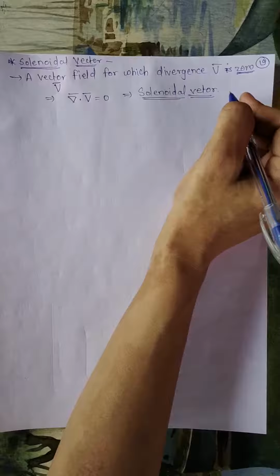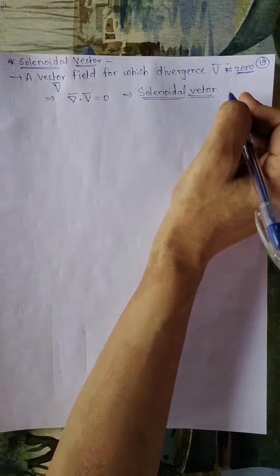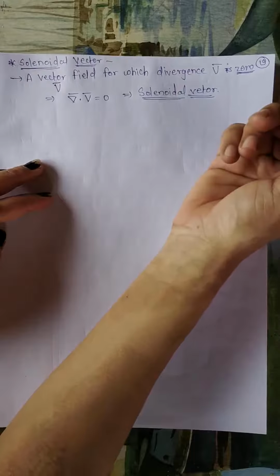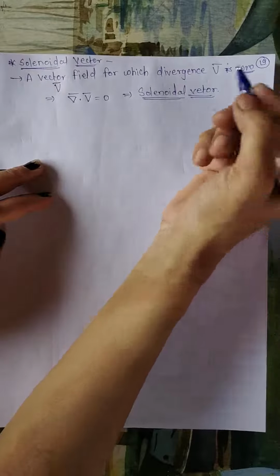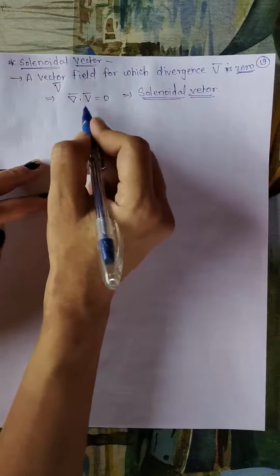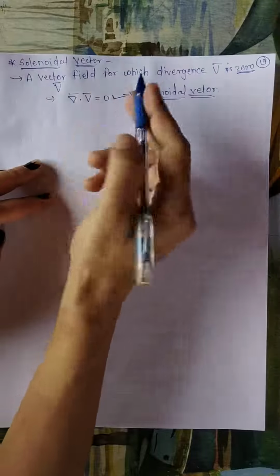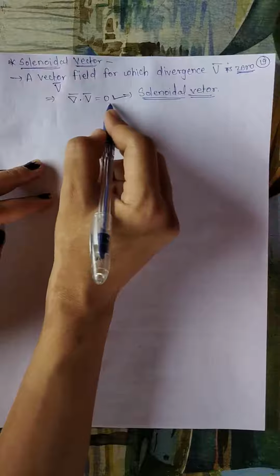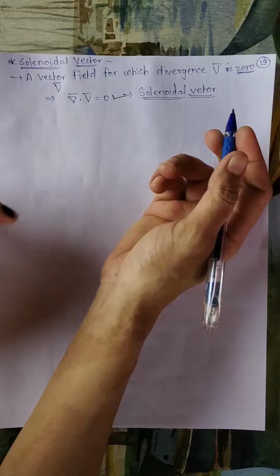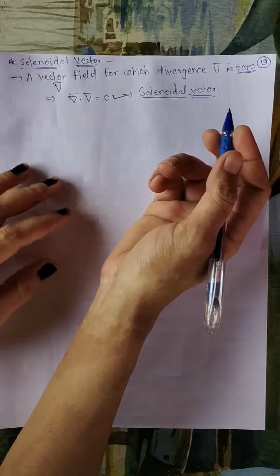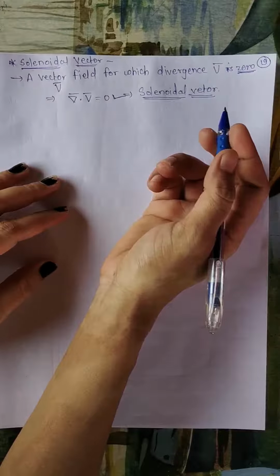If you are asked to check whether your vector is solenoidal or non-solenoidal, you have to calculate its divergence. When the divergence is zero, it is known as a solenoidal vector, and when it is not equal to zero, it is known as a non-solenoidal vector. Another name is divergence free field.